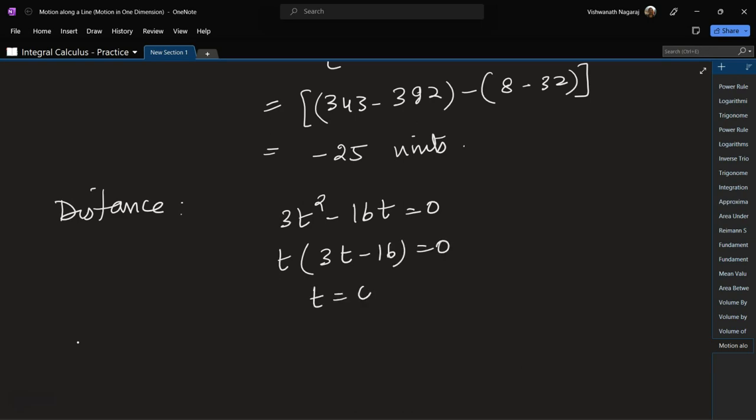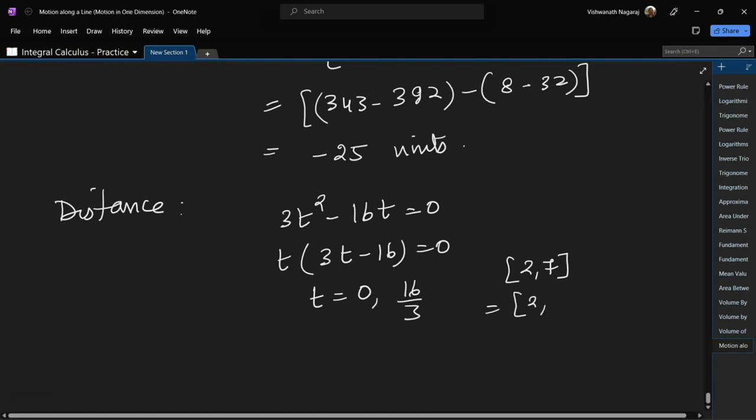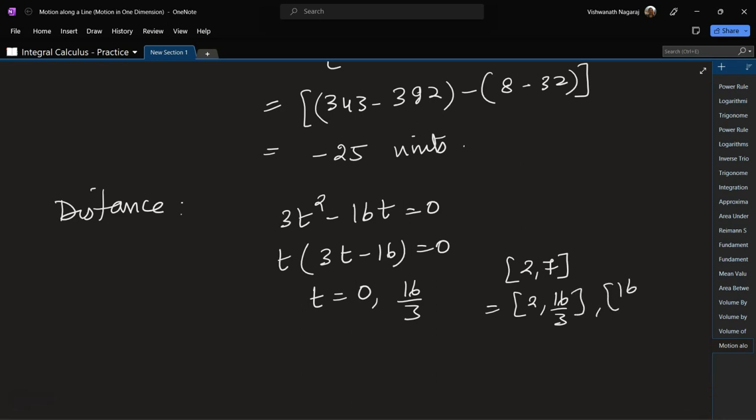That means t equal to 0, or t is equal to 16 by 3. 16 by 3 is 5.33, something like that. But our interval is actually 2 to 7. So it gets split into 2 to 16 by 3, and from 16 by 3 to 7.